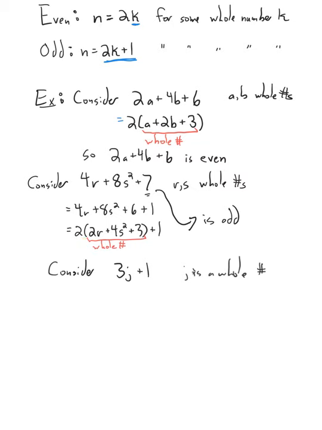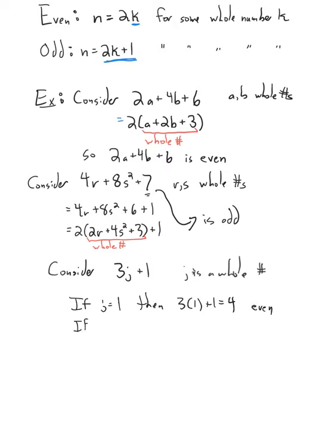And there's a reason for that. It's because depending on j, our number could be either even or odd. So if j was, say, 1, then 3 times 1 plus 1 is 4, which is even.